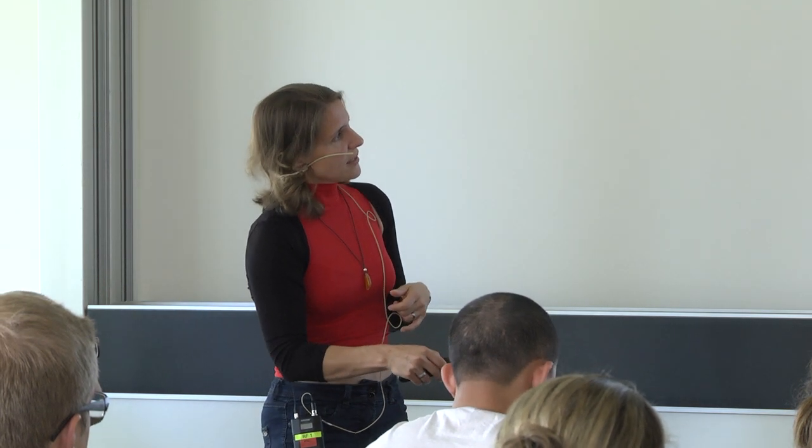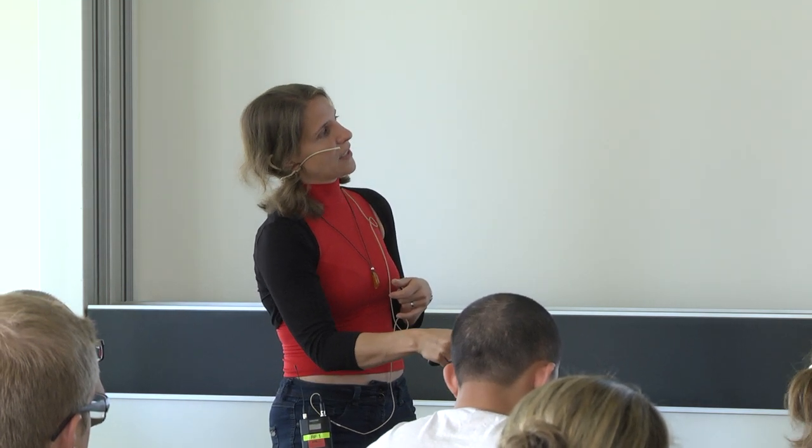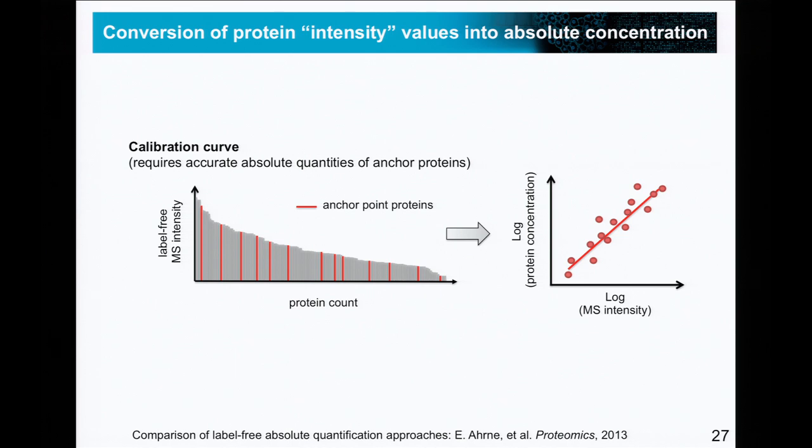And with this knowledge, you can now make a linear correlation by plotting this known accurate concentration versus the computed label-free intensity. And the equation of this linear correlation you can then use to translate all the measured intensities of all your peptides into absolute protein concentrations. Okay? Is that more or less clear?